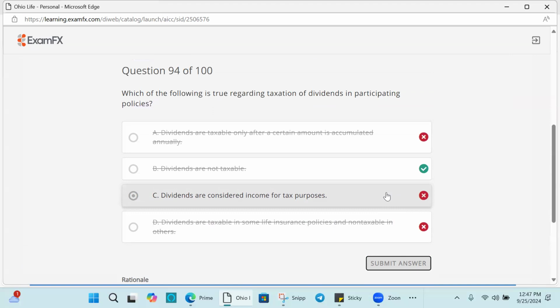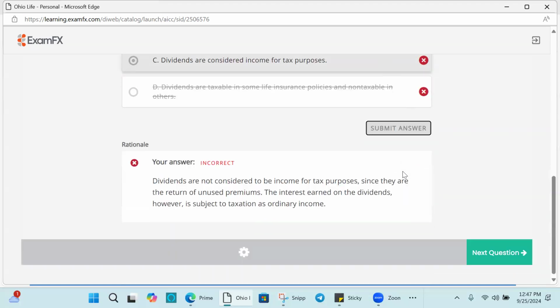Since they're considered a return of excess premium, dividends are never taxed. When you think of dividends, think of policy dividends. Do not think of mutual fund dividends. When we talk dividends on the test or for life class, we are talking policy dividends. Dividends are never taxed.